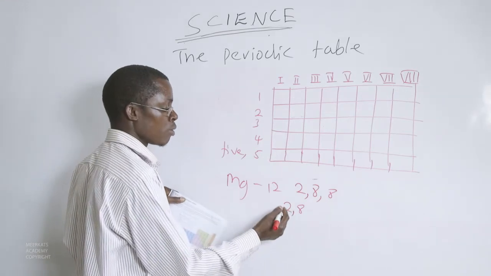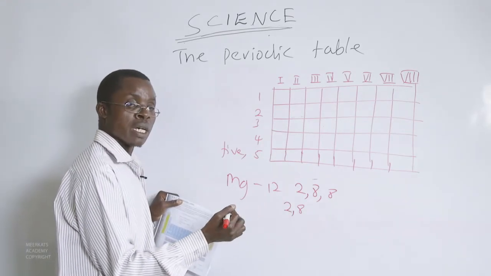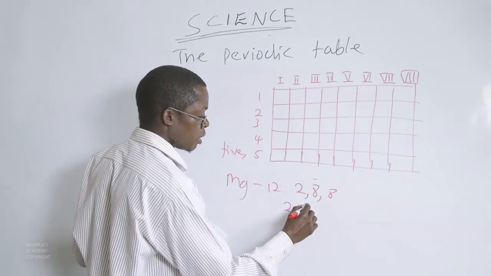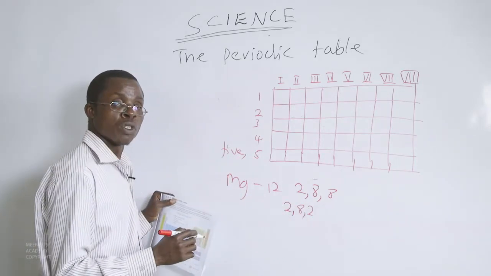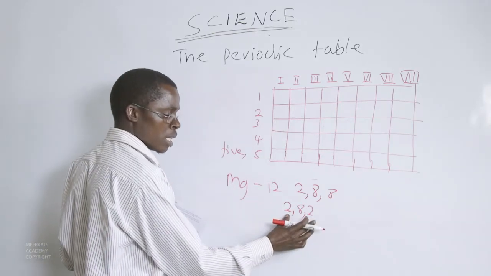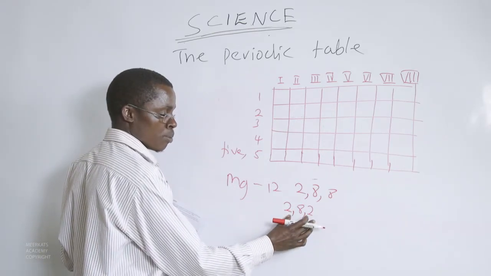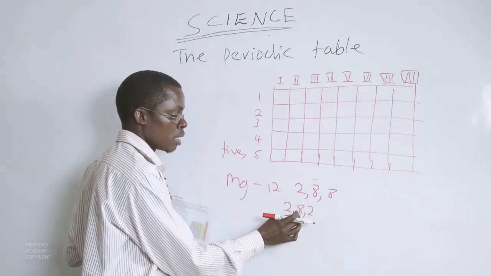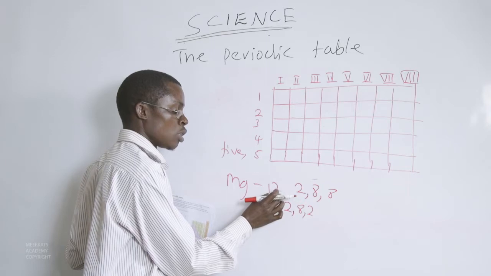Out of the 10 we take 8. How many are remaining? 2. So we go to the next orbit, which has a maximum of 2, so that the 3 put together total 12. 2 plus 8 plus 2 gives us 12.